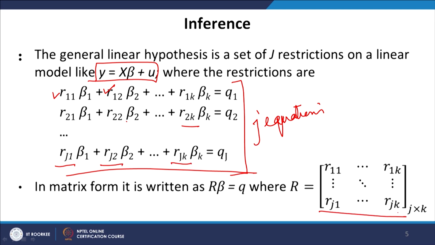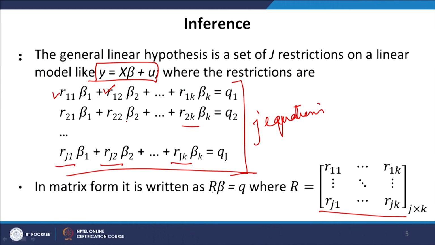Beta is the original beta vector having beta 1, beta 2 to beta k, and R is a j by k matrix, beta is a k by 1 vector, and q is a vector of j by 1 dimension.